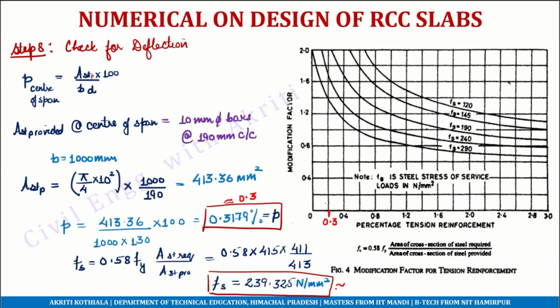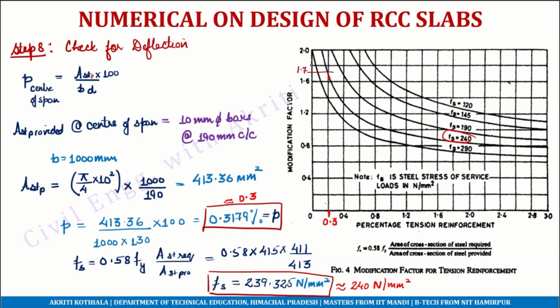We are approximating it to be equal to 240, slightly higher than what we have calculated, because this is a very approximate graph and we have a direct value of 240 here. So this is the value of 240 on this curve. So we can assume that this value KT is equal to approximately 1.65, because this will be 1.67 here somewhere.